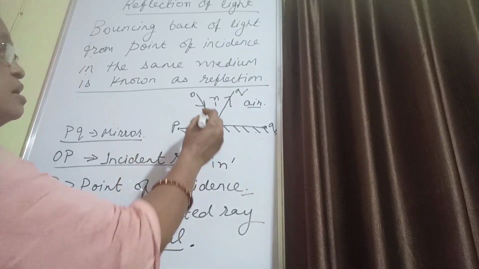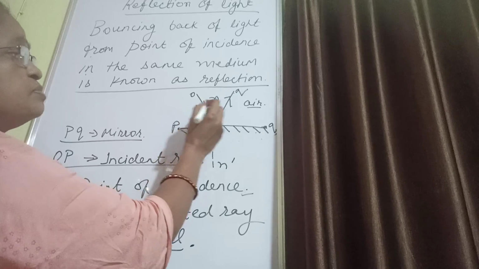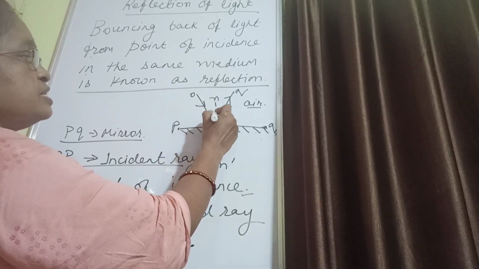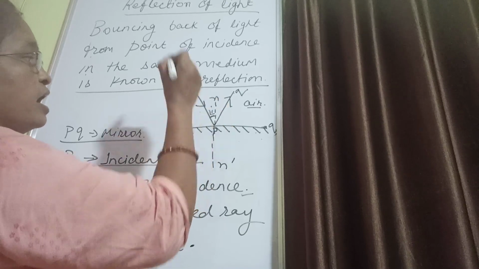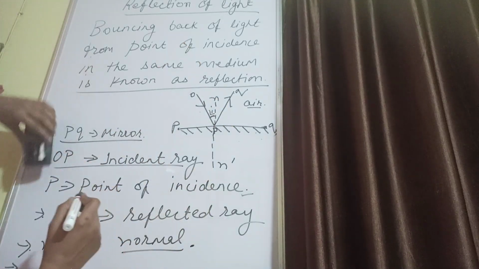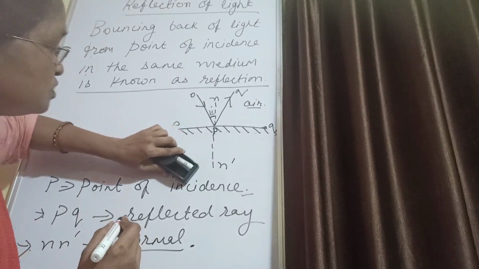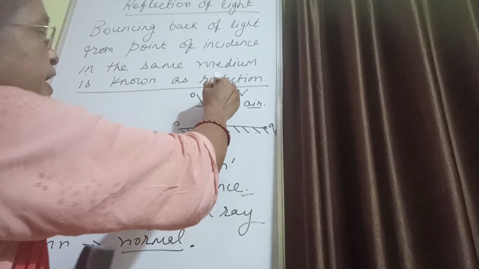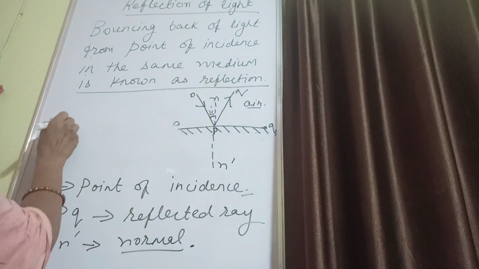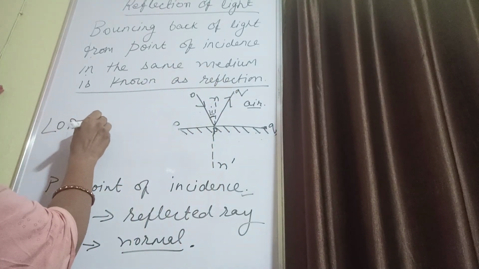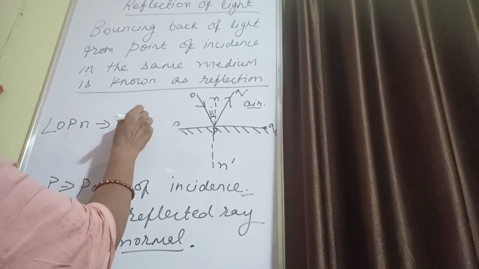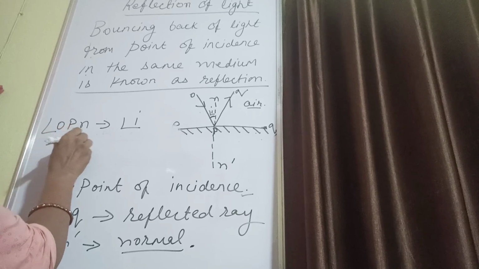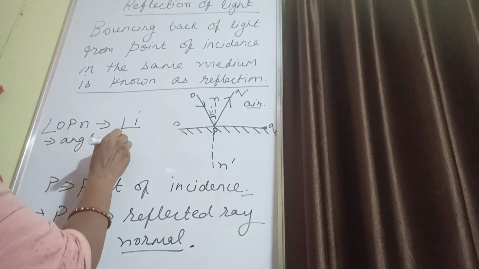See students here, the incident ray is making an angle to the normal. Just see this angle. This is known as angle i. So I am rubbing this one and writing angle OPN. Angle OPN, we are saying angle i. Angle i is known as angle of incidence.